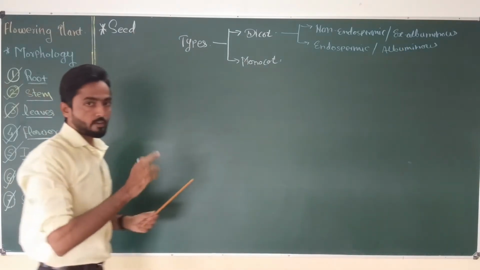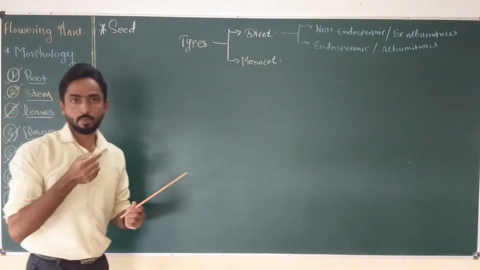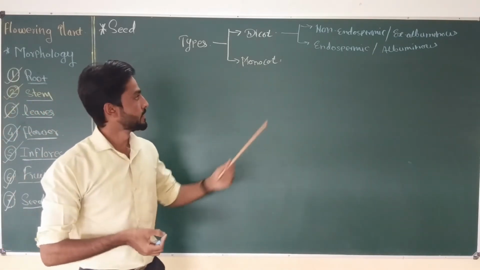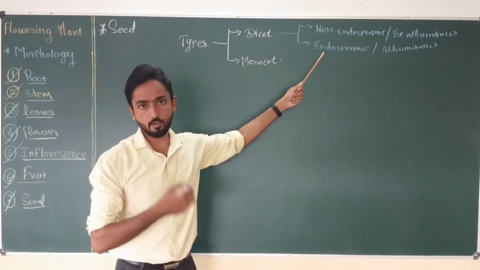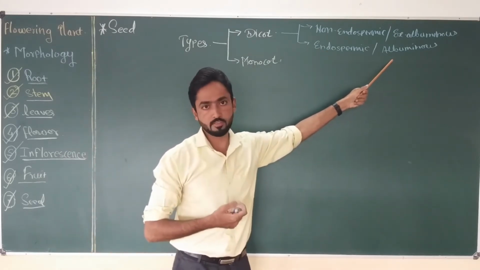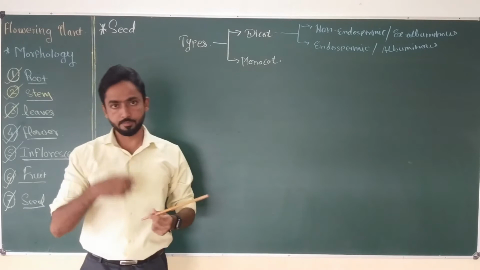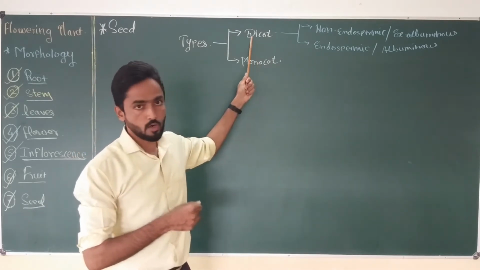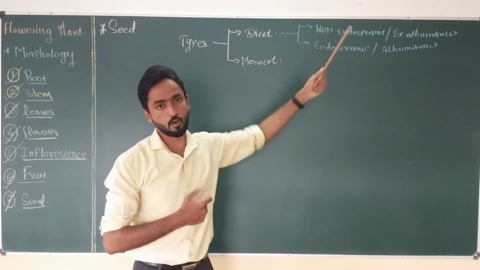If the dicot seed shows the presence of endosperm or nutritive tissue, then such a dicot seed is called an endospermic seed or albuminous seed. While if the endosperm is absent, in that case the dicot seed is called non-endospermic or exalbuminous seed.